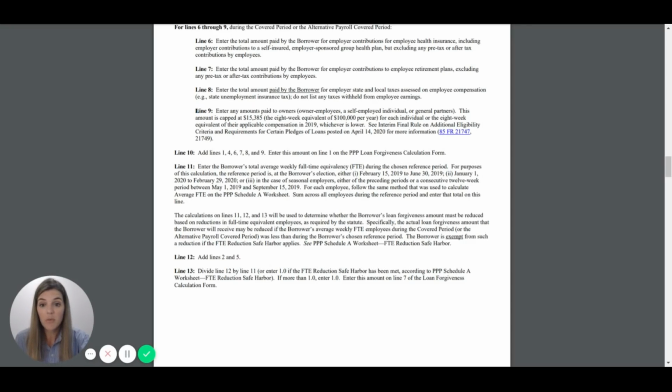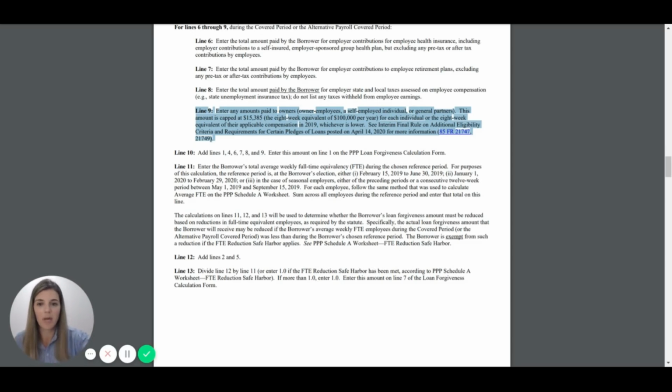All right, so this should be a really easy calculation. And honestly, if you have my spreadsheet from before and you've been doing that correctly, you should already have this number. It should just be Schedule C, line 31, divided by 52, multiply it times 8. And that will be 8 weeks of pay for you.